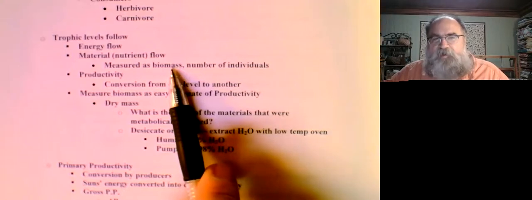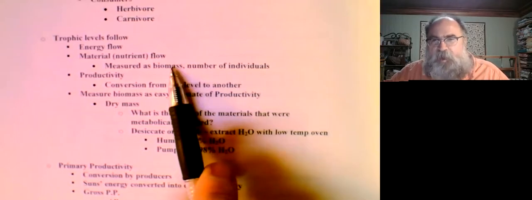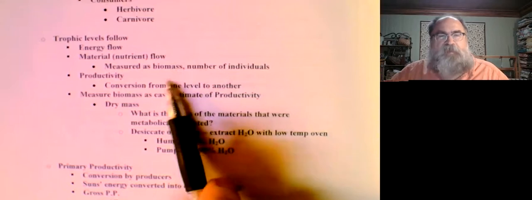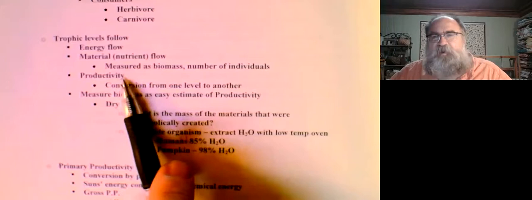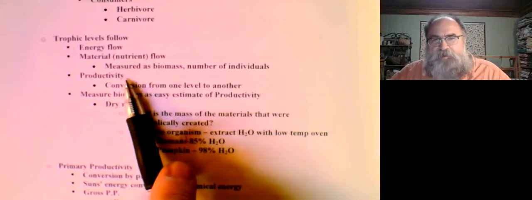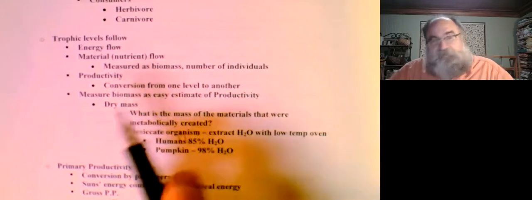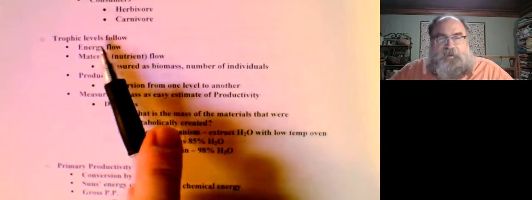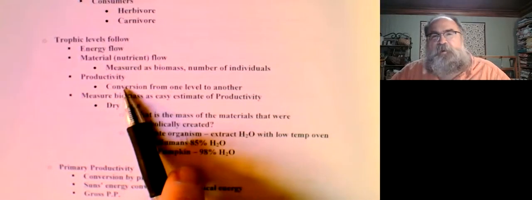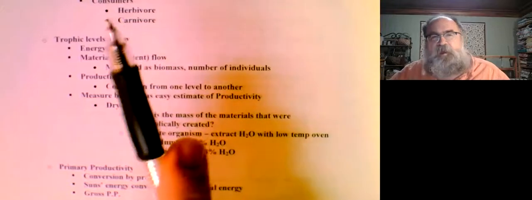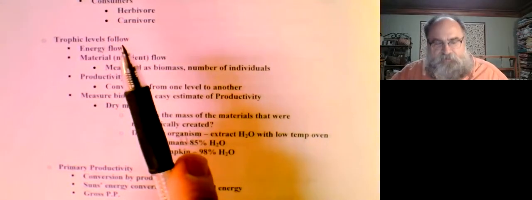Because the macronutrients and the micronutrients and whatever makes up the body, that's going to weigh something. That's the biomass. The productivity, right? How much of the biomass, how much of the energy do you convert from one level to another? And we want to be able to see energy, materials, productivity flowing through the system, through the producers, the herbivores, and the carnivores.